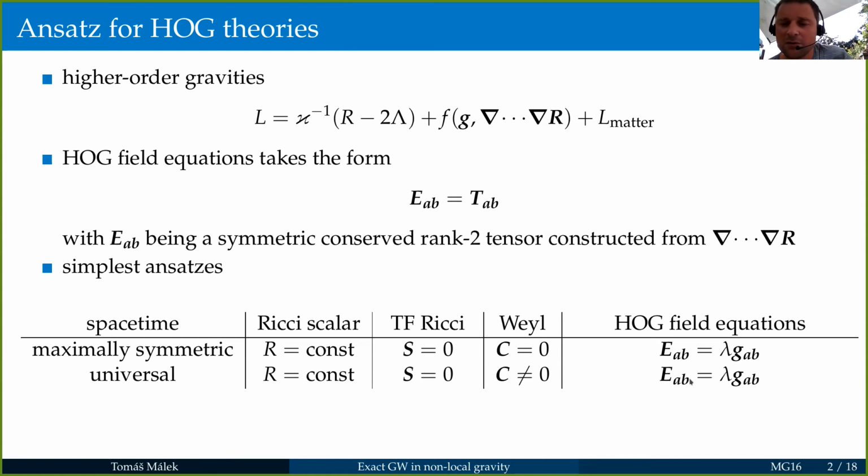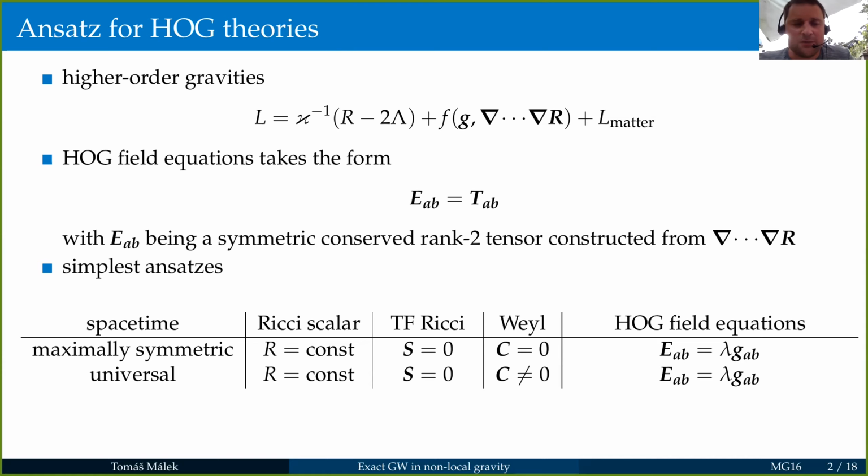The rank 2 tensor E_ab is proportional to the metric, and Lambda equals 0 gives the algebraic equation which determines the constant. Here S is the trace-free Ricci tensor, C is the Weyl tensor, and R is the Ricci scalar. This is my notation.